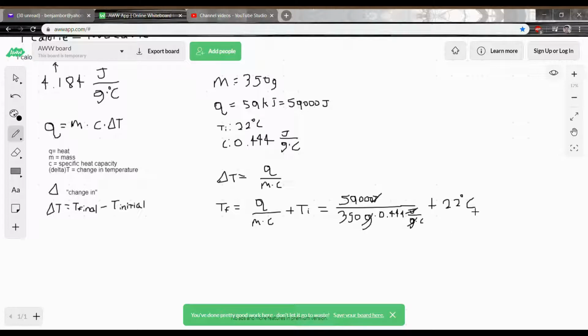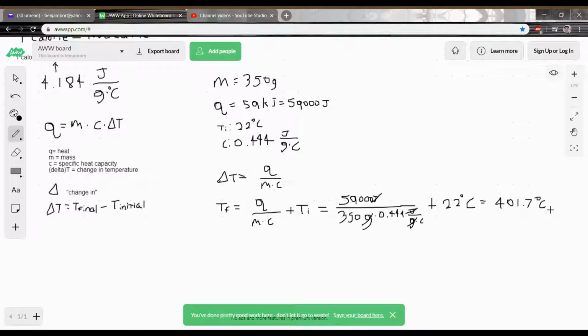So, doing the math here, 59,000 divided by the quantity 350 times 0.444 plus 22 is going to give us a final temperature of 401.7 degrees Celsius. Now, I kept the precise numbers, so the book has it as 402 rounded up.